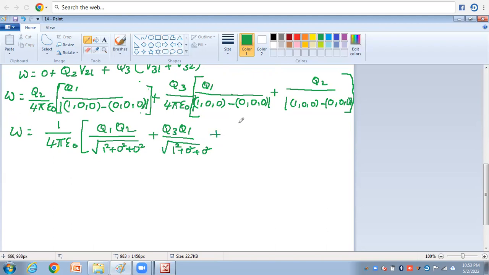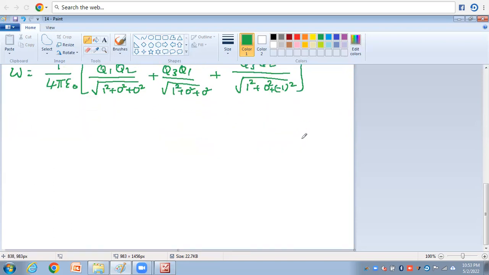Then take plus another one, Q3 into Q2, multiply Q3 product with Q2. Now here it will get extended. So 1 square plus 0 square, 0 minus 1 whole square, 1 minus 1 whole square. The resultant is 2.